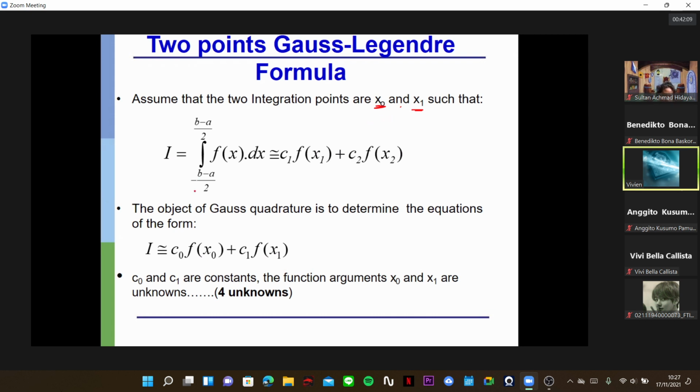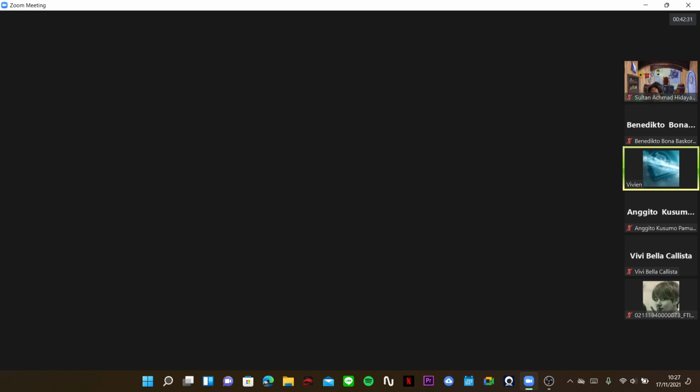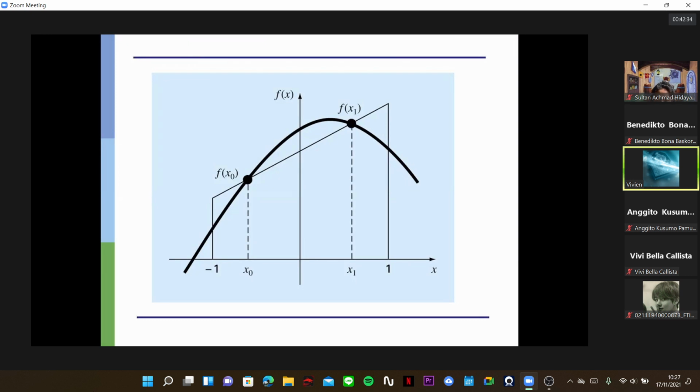When we replace the integration here with a function using 2 other points, we have several unknowns here. And the important thing in solving for the unknowns here is to make... Okay, so this is the basic of Gauss quadrature.